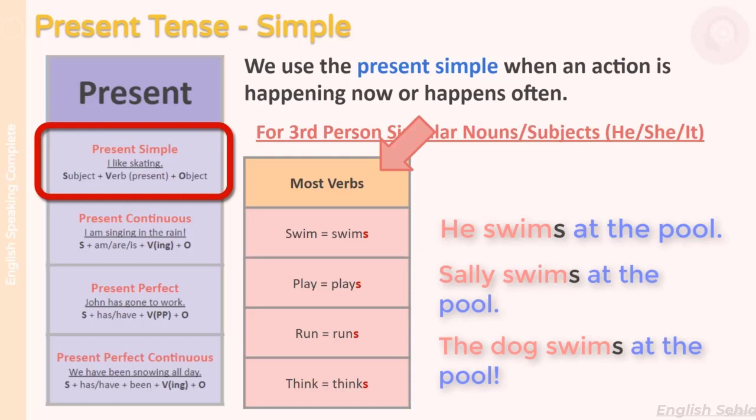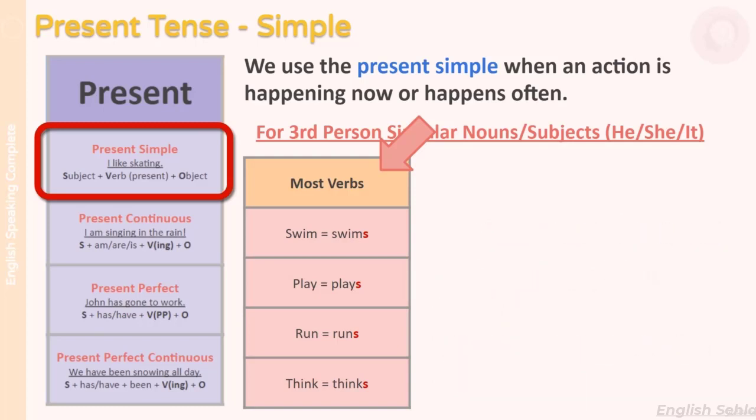So there we've gone through he, she, and it, the dog, it, living thing, and we need to add this S to the verb. So play would become plays. Run would become runs. Think would become thinks. Now, the spelling at the end of the verb will change how we change the form. It might not just be an S that we add.